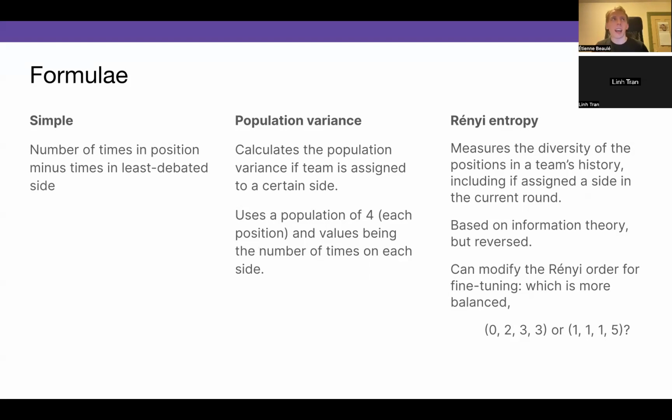Now, how can this be applied to debate? What we want is to have it equalize. So if you were to flip a 4-sided die, you'd expect them to be in different positions, like 25%, 25%, 25%, 25%.